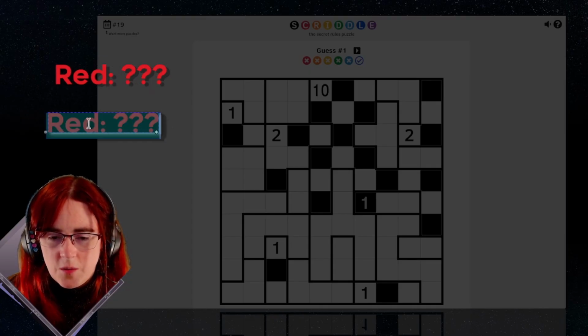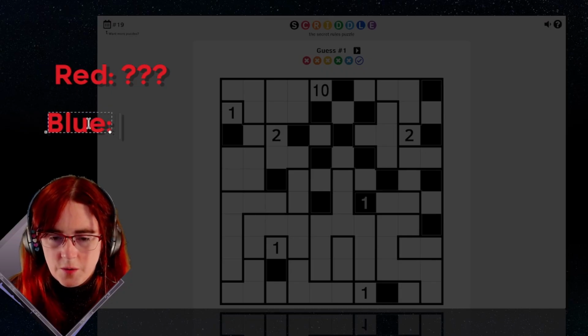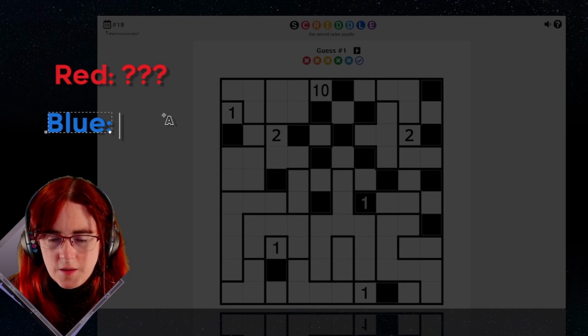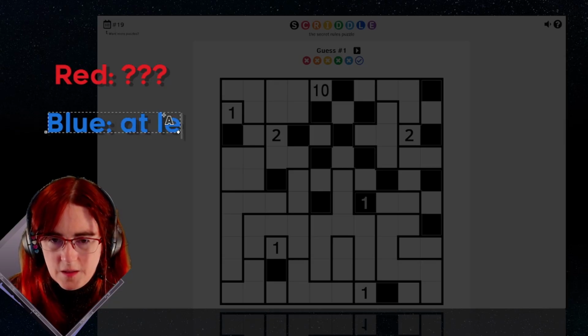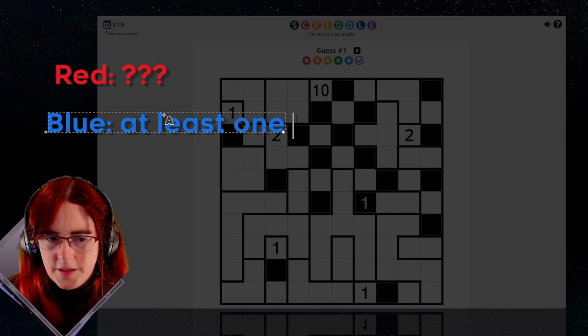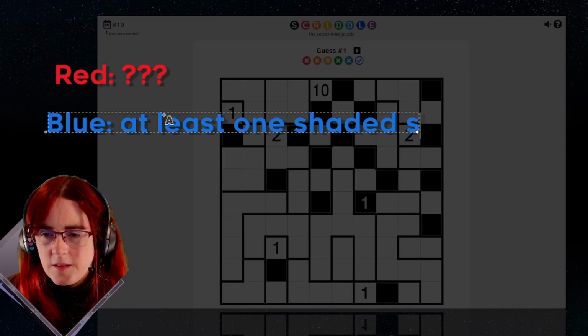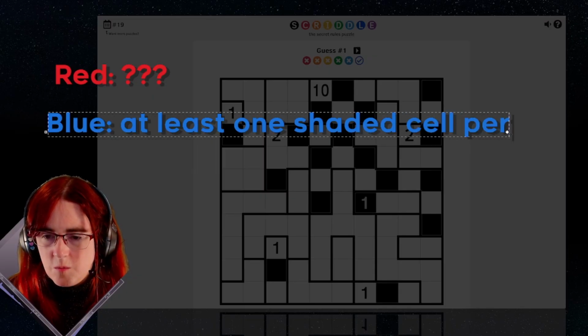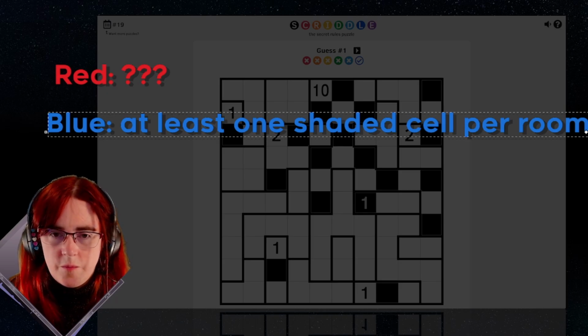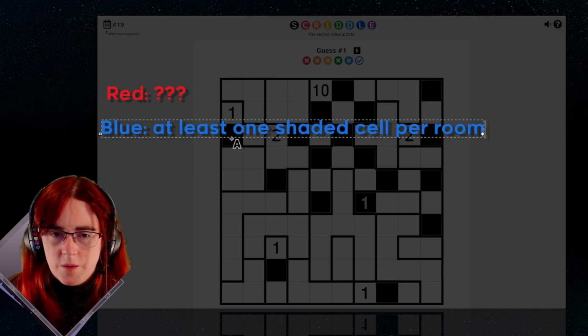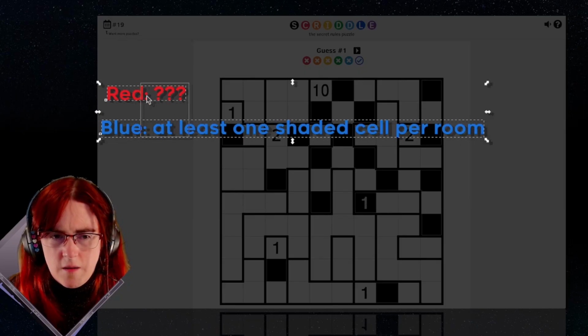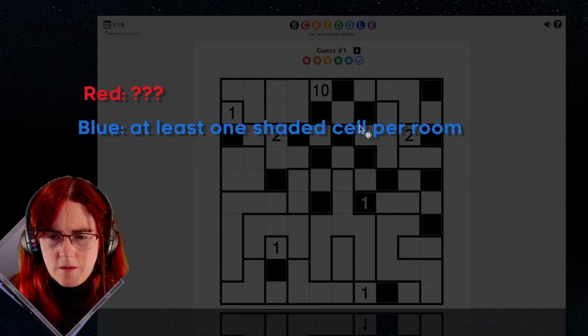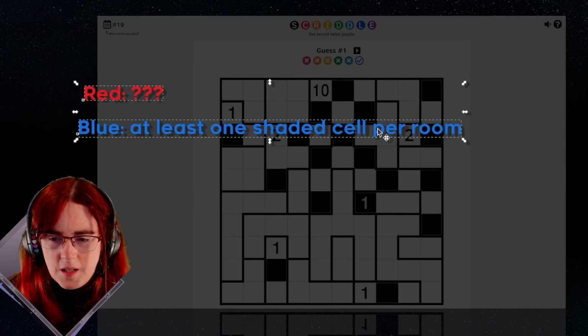Which ones do we think we do know? We think we know the blue rule. Is this all fitting on the screen? Zoom out a little bit.